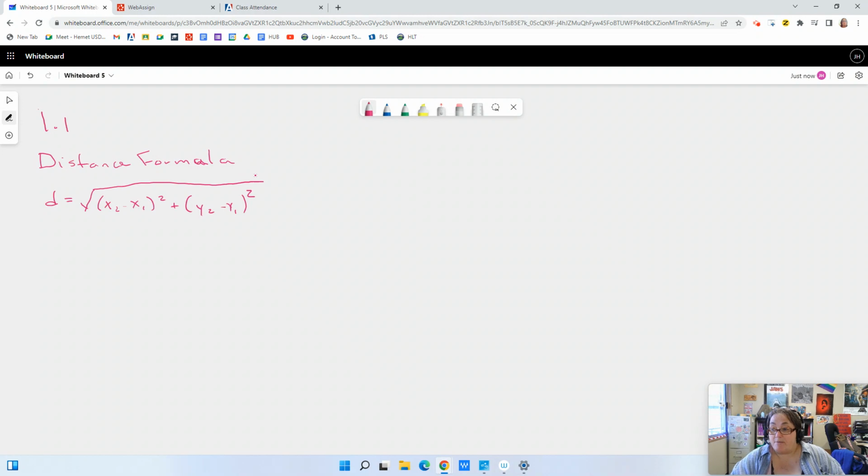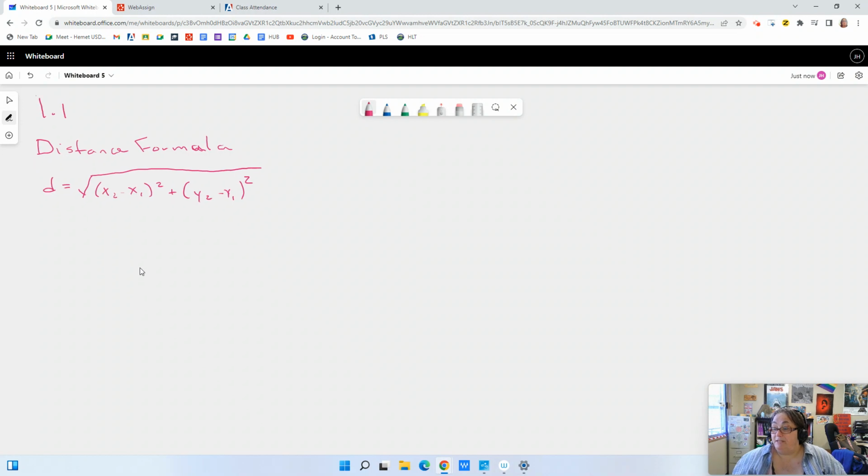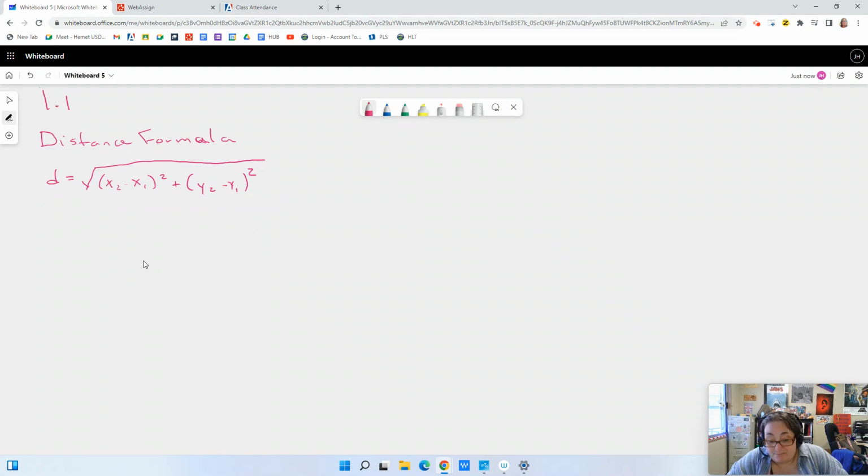Today, what we're talking about is the midpoint formula. And the good thing about the midpoint formula is it's like the easiest formula. The midpoint formula will find the middle of a line between any 2 points, right? Dead center.